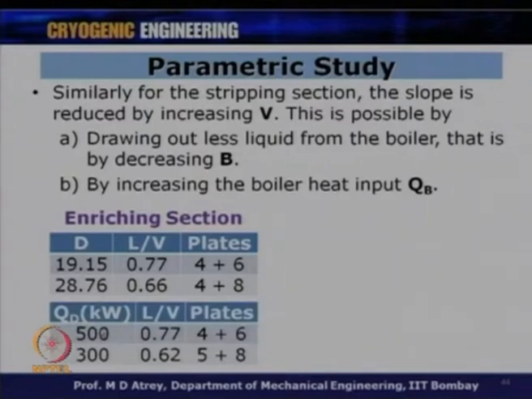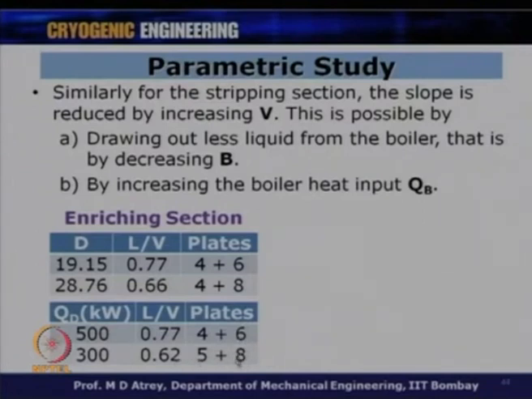If I decrease QD from 500 to 300, that means if I decrease the condensation cooling effect which is available here, my L by V decreases from 0.77 to 0.62, a substantial decrease. This also shifted the line towards the equilibrium curve, which resulted in an increased number of plates from 10 to 13. So, here I have to put 3 additional plates.